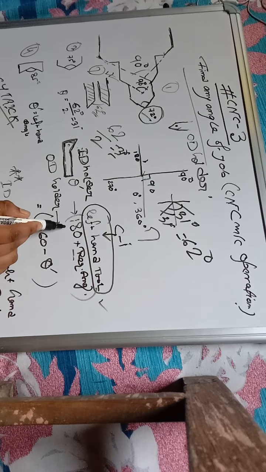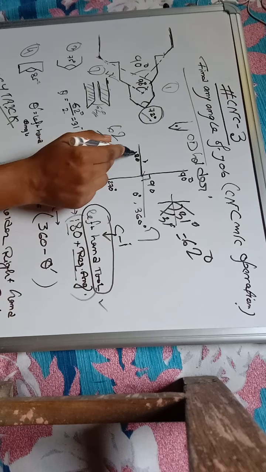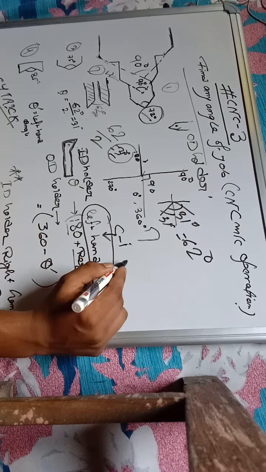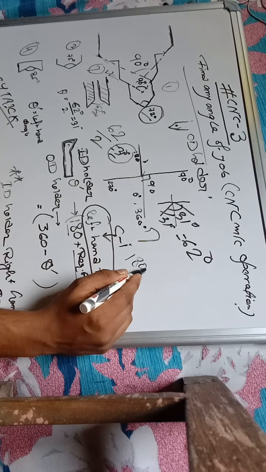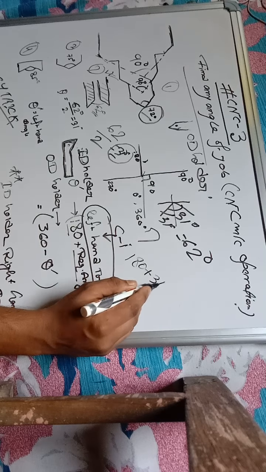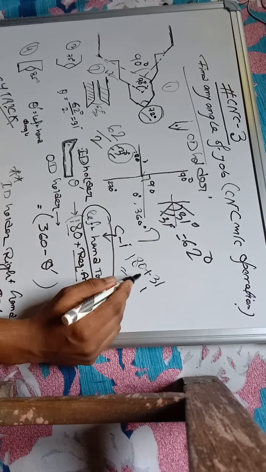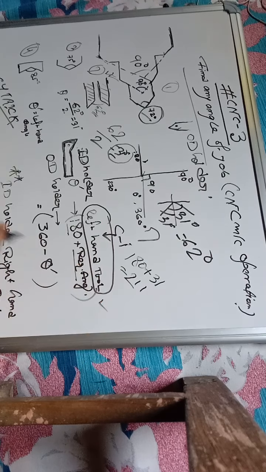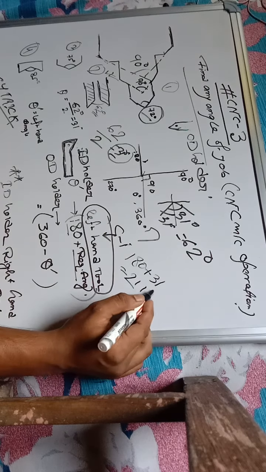What will be the angle? Simply, we have to put 180 degree plus the required angle. The required angle is 31 degree, which is half of 62. So 180 plus 31, what is the value of it? This is the value, 211 degree.